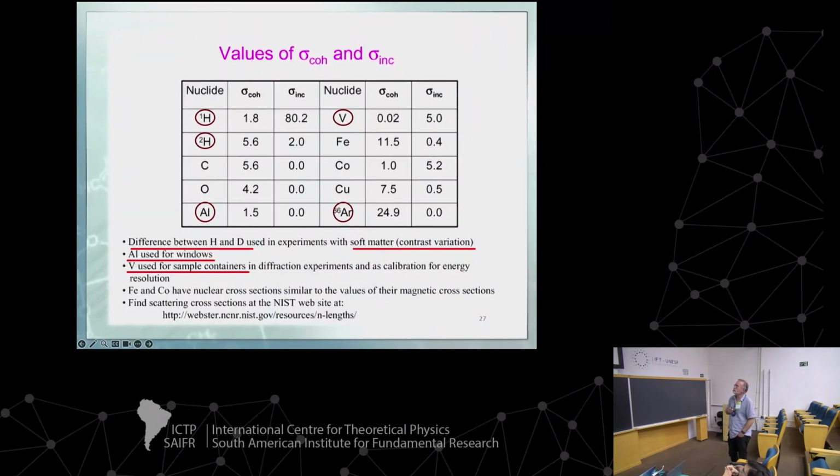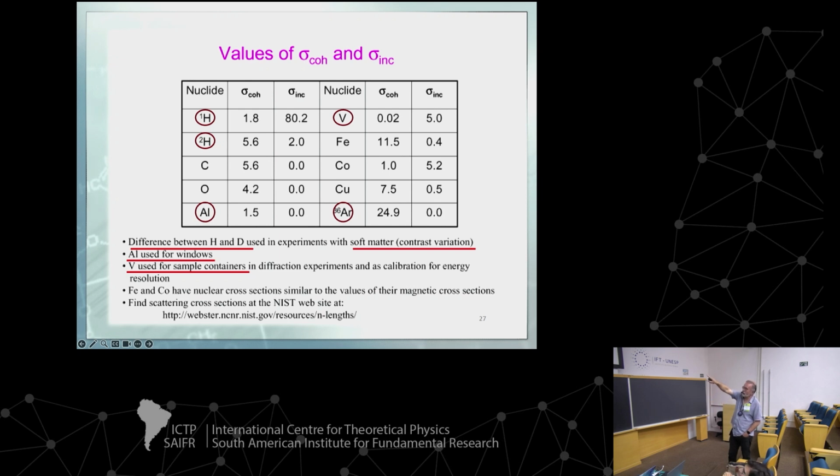Here you have values for coherent and incoherent in some cases. There you have the sigma coherent for protons, for hydrogen, 1.8 coherent, 80 incoherent. So now you can imagine. Deuterium, you have 5.6 versus 2.